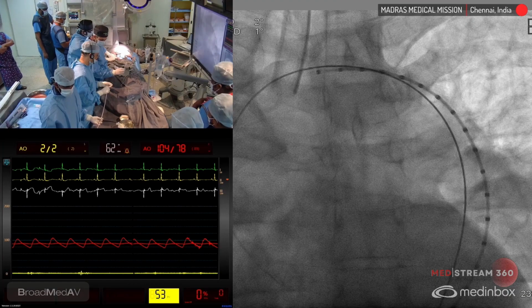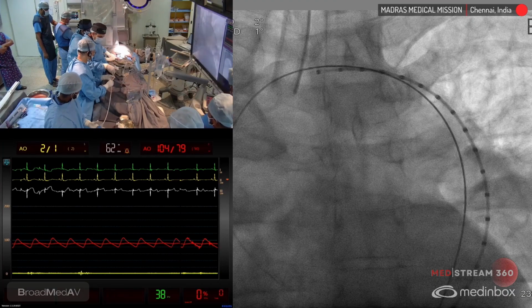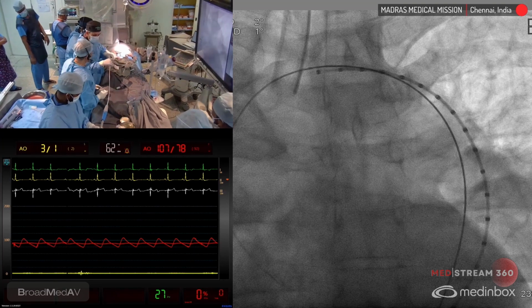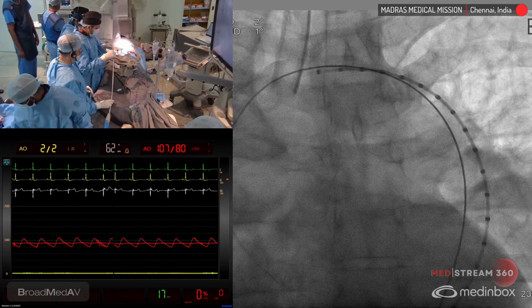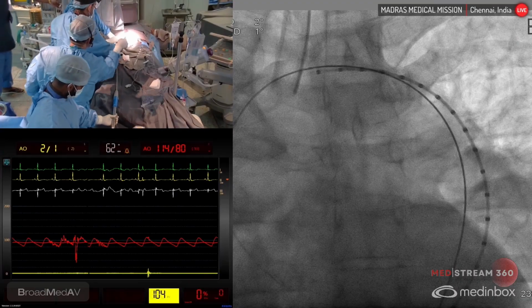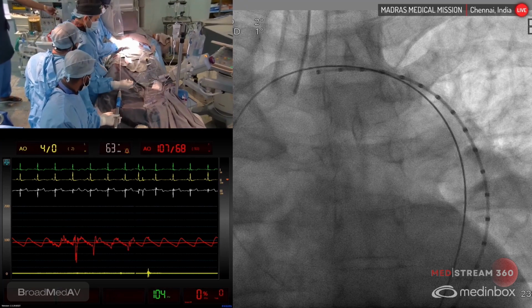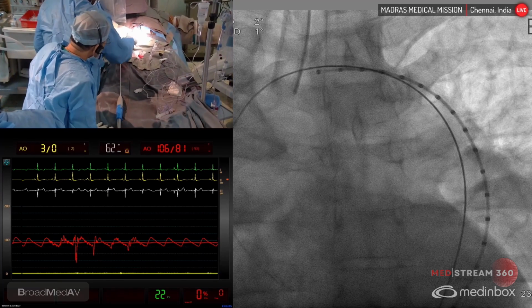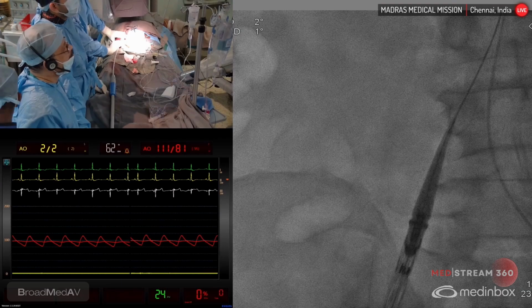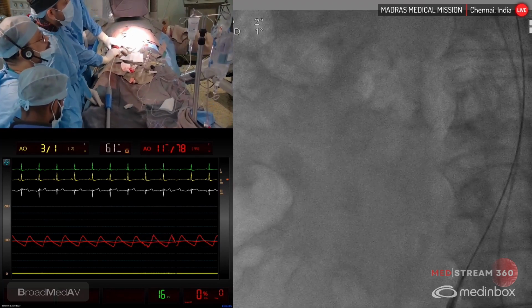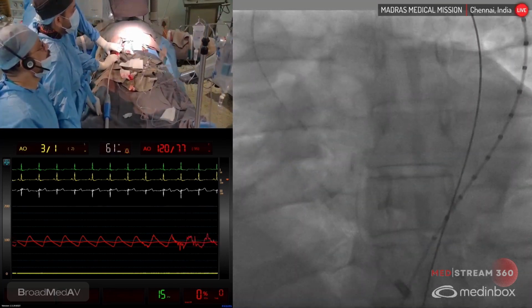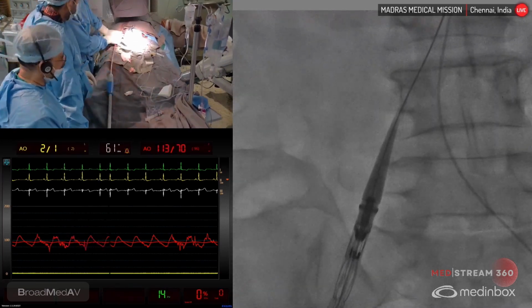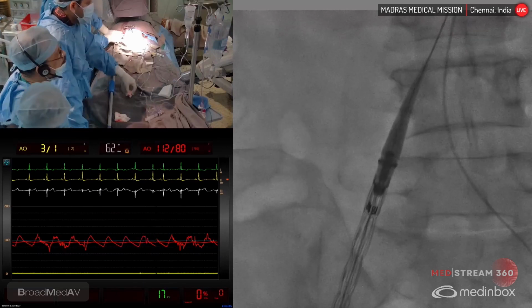So we have removed the sheath. Now we are taking the Valiant Captiva device over the Amplatz super stiff wire. Once you are going to enter, you should wipe off the stent portion. Now I want to see the wire at the ascending aorta. Is the wire secured at the ascending aorta? Okay, now come back to the pelvis.